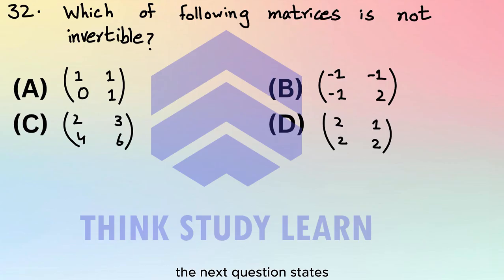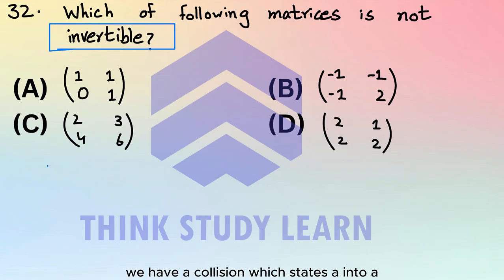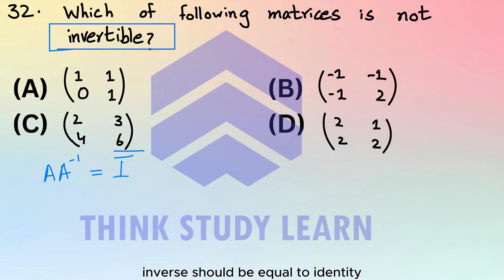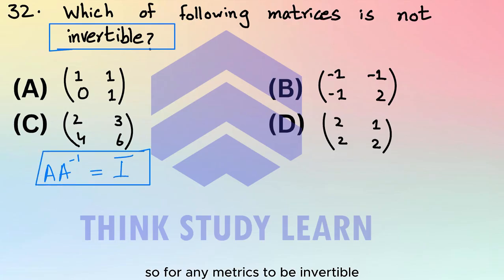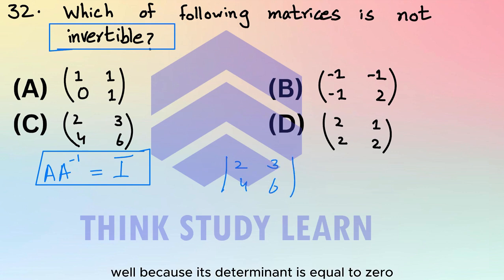The next question states which of the following matrices is not invertible. So we know that for any matrix to be invertible, we have a condition which states A × A inverse should be equal to identity. So for any matrix to be invertible, this condition must be satisfied. So looking at the options here, only C option, which is the matrix [2 3; 4 6], will not be invertible because its determinant is equal to 0.